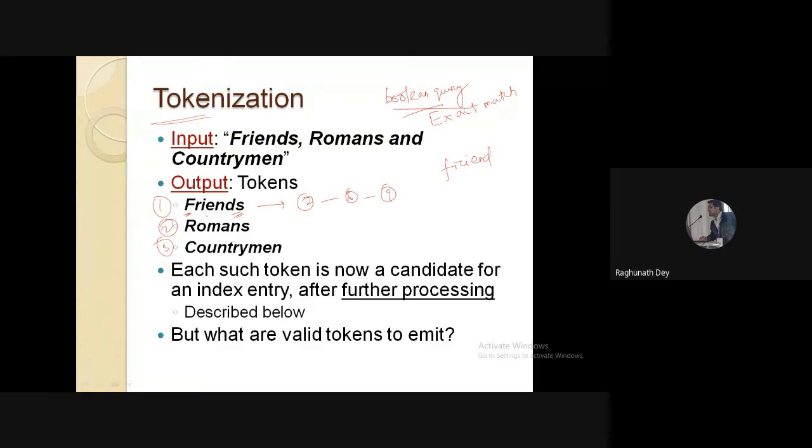Remember, your indexing system has a capital letter in the first character as well as plural form s in the last character, so it is not matching exactly. In that situation, you think that the input friend, with small letter, should produce the posting list of 2, 6, and 9, but unfortunately it does not. Why? Because this term is not exactly matching with that one.